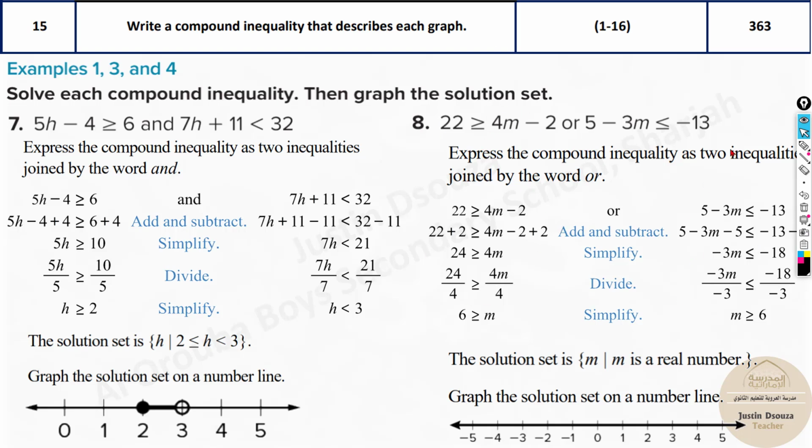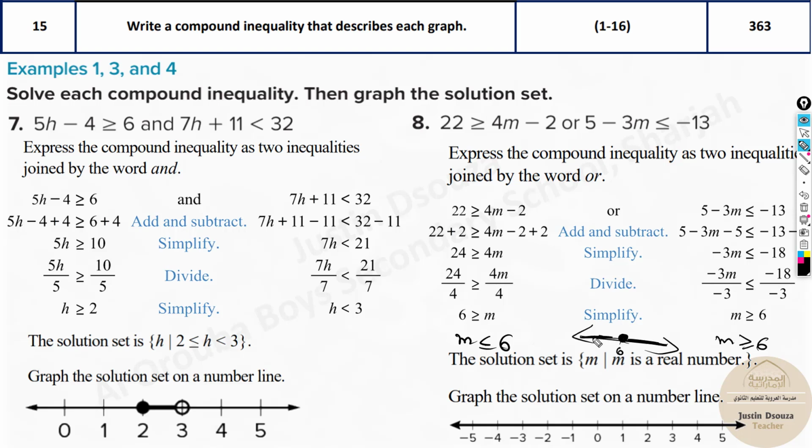Now when you solve this and this, what happened? 6 is greater than or equal to m, which means m is less than or equal to 6. Here m is greater than or equal to 6. Where is 6? I'll just draw a number line. Imagine I have this as 6. It's less than or equal, greater than or equal, so this is considered.